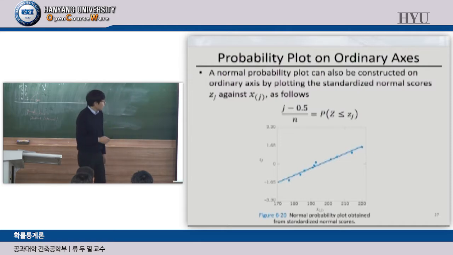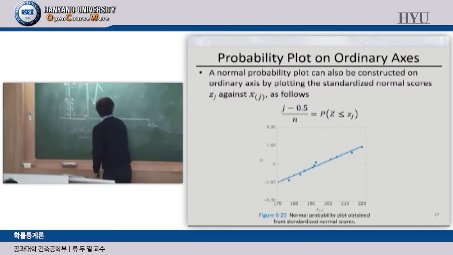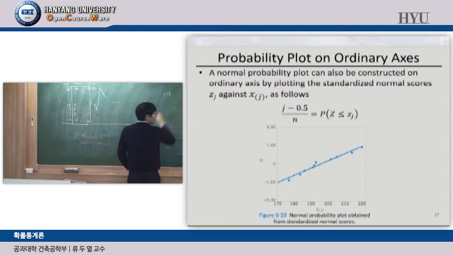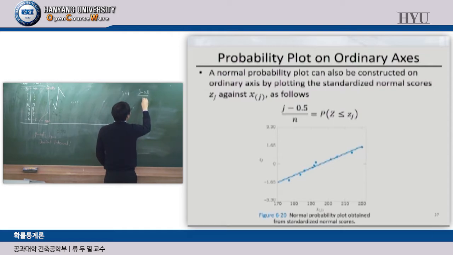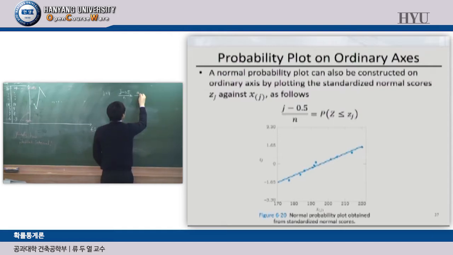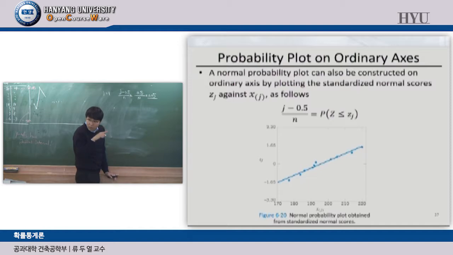So, for example, if j is equal to 1, (j minus 0.5) over n will be 0.5 over 10, that is equal to 0.05, right? When j is equal to 1, okay? And this should be equal to the probability that Z, the standard normal random variable, is smaller than or equal to zj.